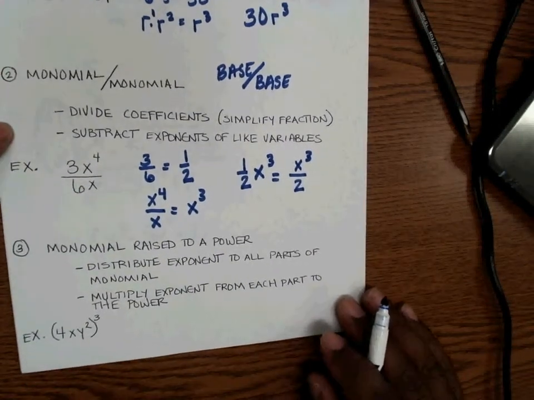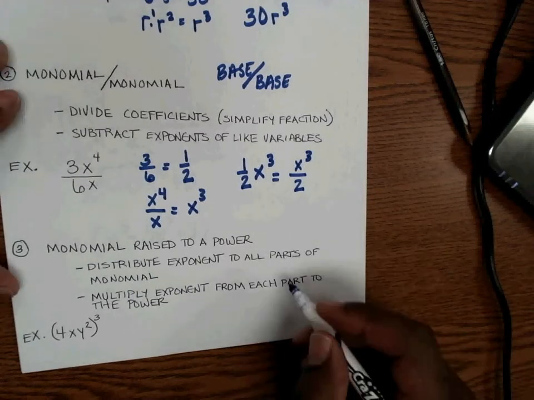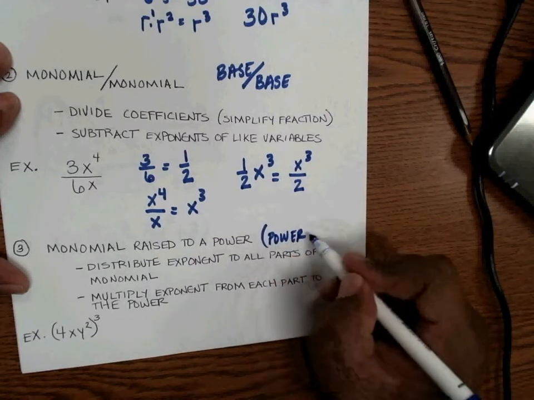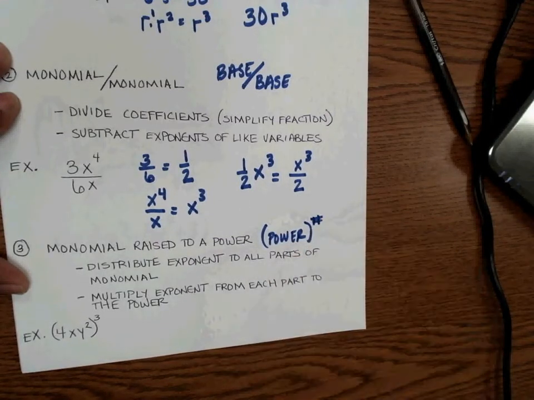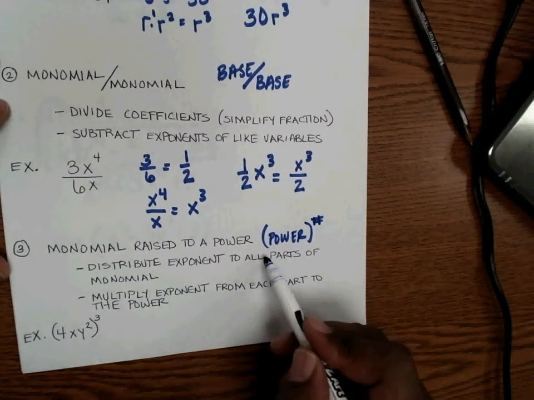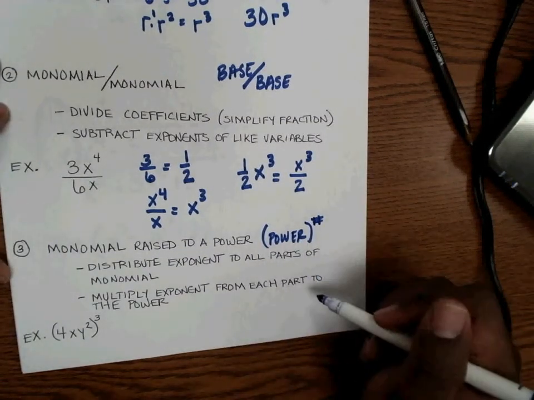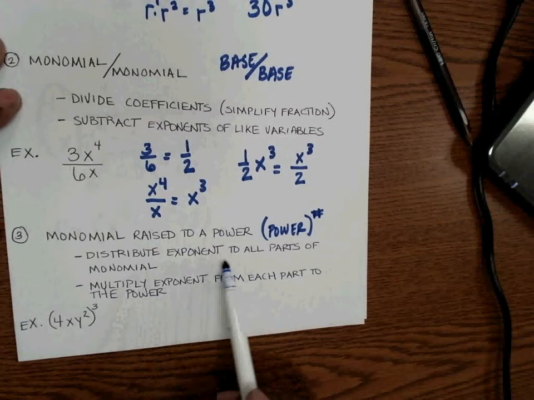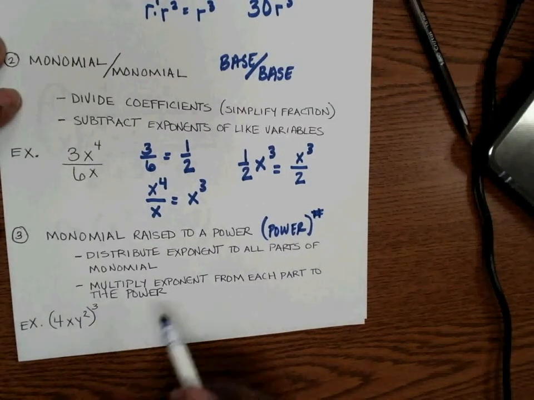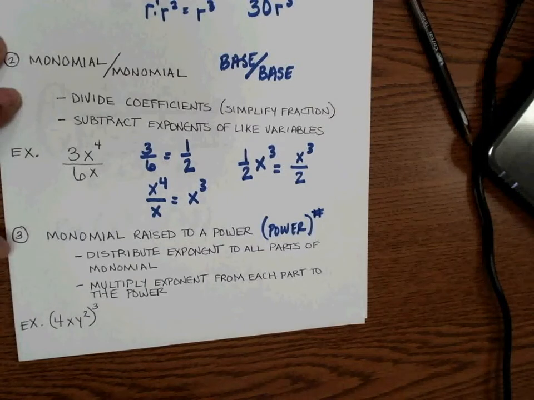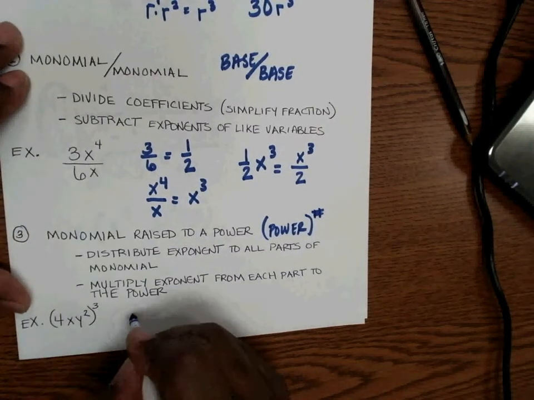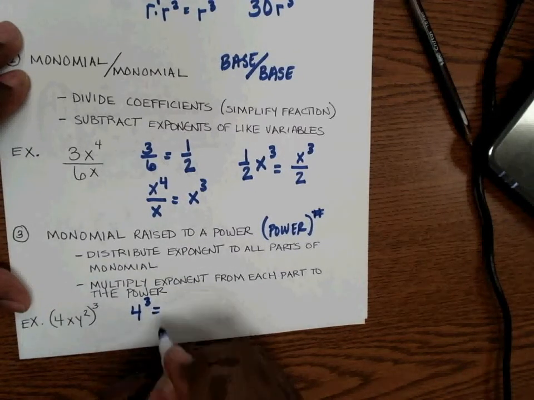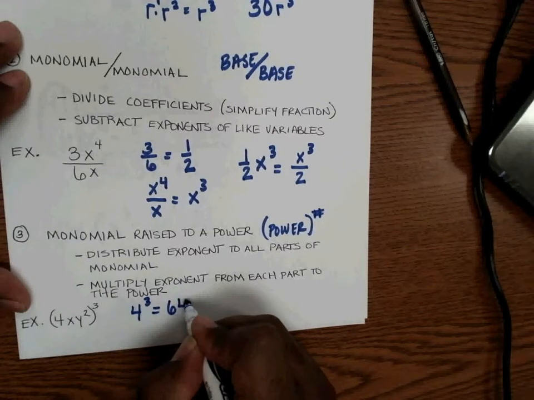Our last law is a monomial raised to a power, which is also known as a power raised to a power, which is a power with an exponent to the outside. It's often written with parentheses with the exponent outside of the parentheses as well. What it asks you to do is distribute the exponent to all parts of a monomial, and then you multiply the exponent from each part by the power. So what we have in our last example is 4 raised to the third power, which would give me the value of 64.